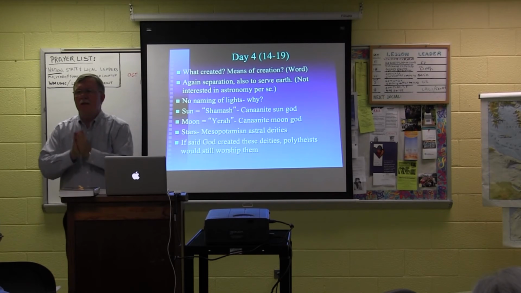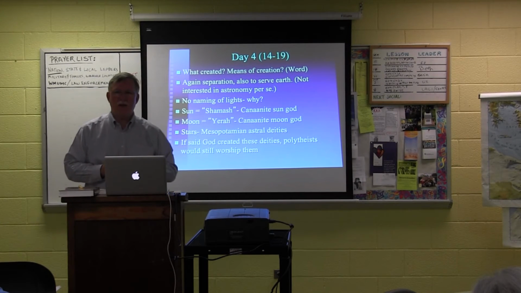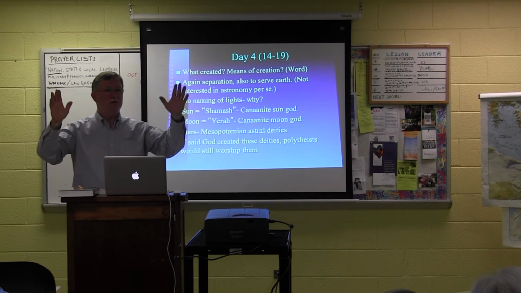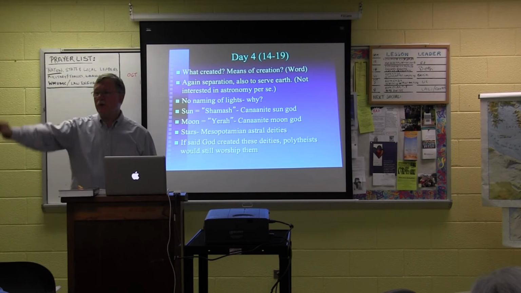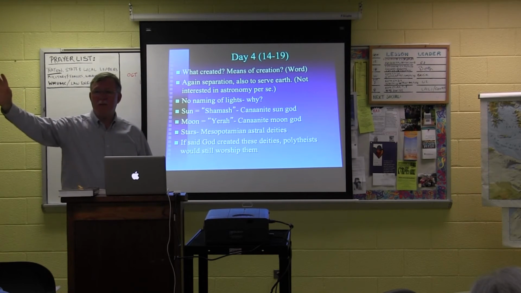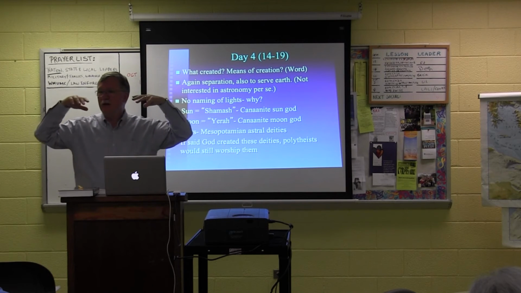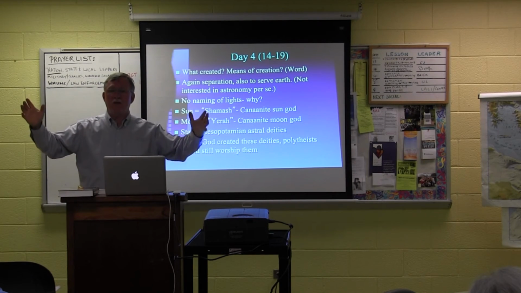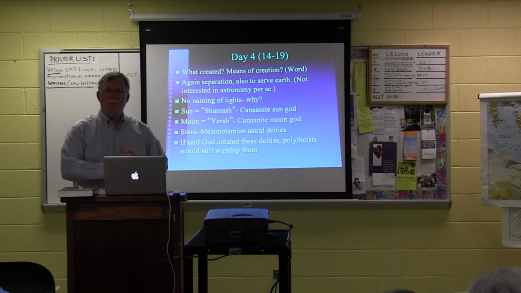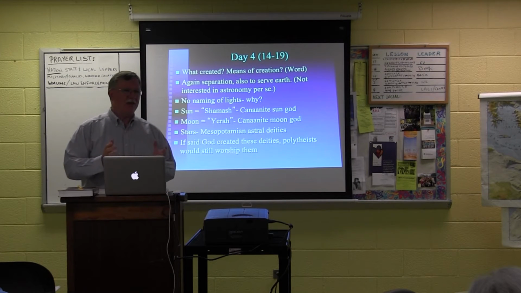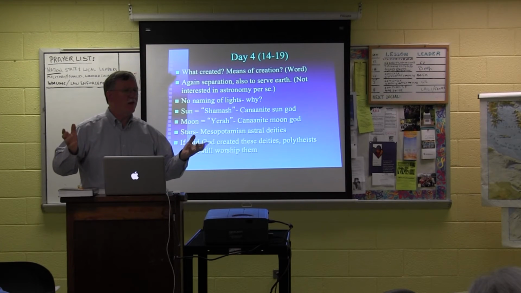If the verse said God created Shamash and Yerach, the Canaanites would have said, that's great, we're polytheists, so we can worship Shamash and Yerach. The Babylonians were polytheists. They worshiped the astral deities, so they could have said, God created our gods, so we can worship them. But what the writer is saying is that these aren't even worth being given names.